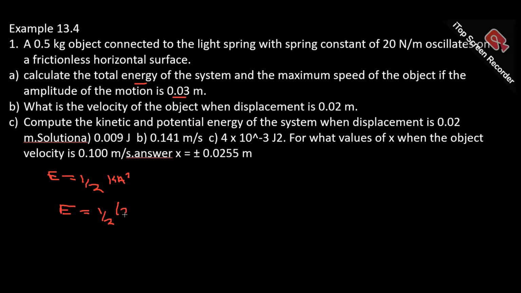So here we'll have 20, then the amplitude 0.03 raised to the power 2. Then you punch this on your calculator. That is the maximum energy. You should get 0.009. Then just put the units.